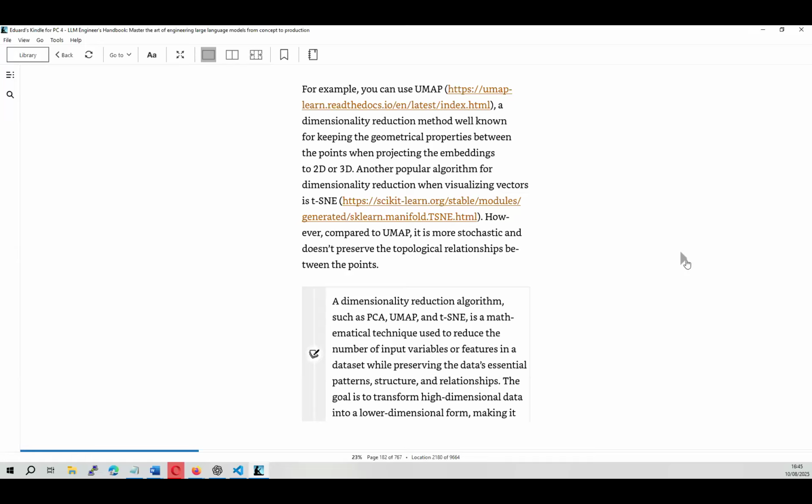So if a word is depicted by a vector with 1,000 dimensions, and every element within this vector describes a characteristic of that word, then if we need to simplify these 1,000 dimensions to 3, we need to make sure that we extract out of these 1,000 characteristics the most important 3, in order to maintain its meaning and its relevance.